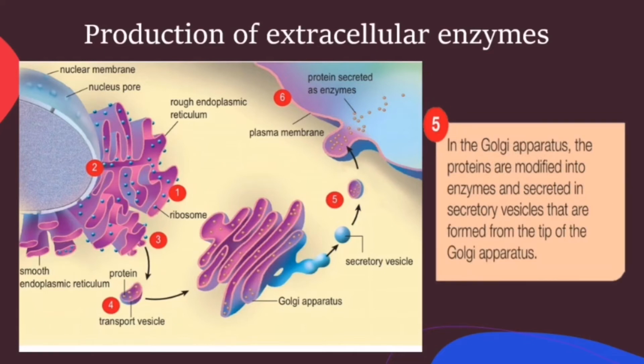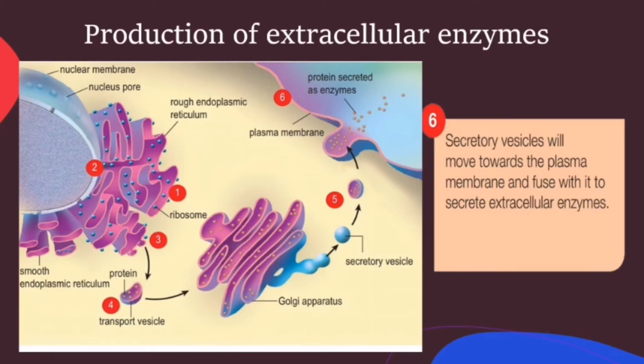You know that the Golgi apparatus functions to process, modify, pack, and transport proteins. So here, the Golgi apparatus will modify the proteins into the specific enzymes. These enzymes will be secreted in the secretory vesicles. They are formed from the tip of the Golgi apparatus.